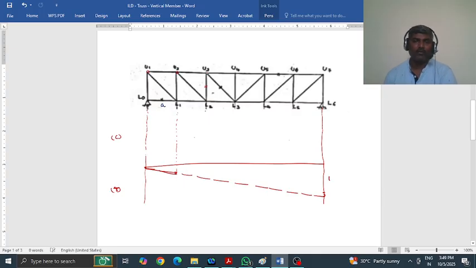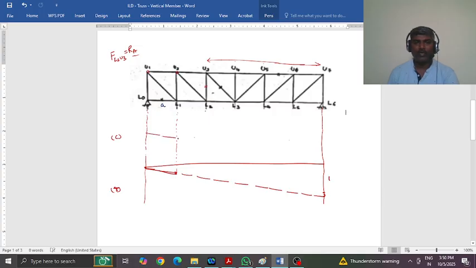Now, for other positions of unit load, U3, U4, U5, U6, U7, it is following F in L2U3 equal to RA. So plot the ILD for RA.